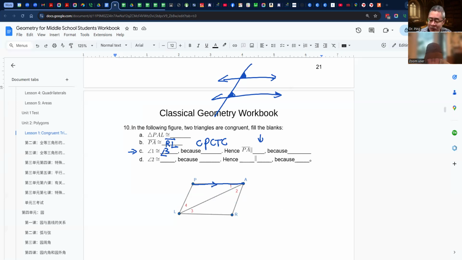And because, well, PA is this line, and because we know this angle is congruent to that angle, we say that PA is parallel to LR, and the reason for that is, so what's the reason?